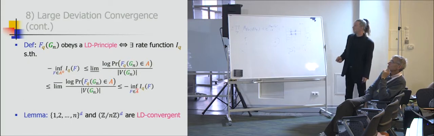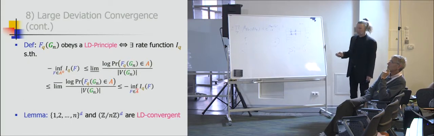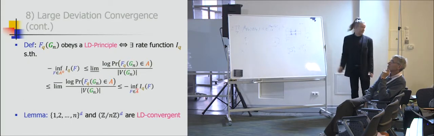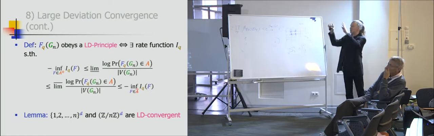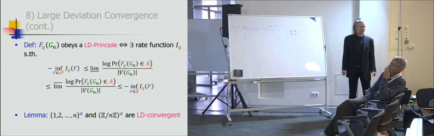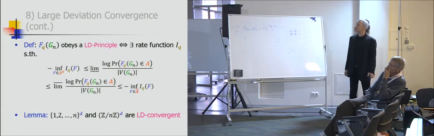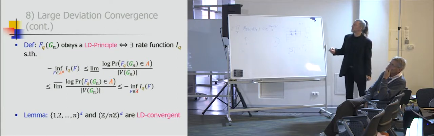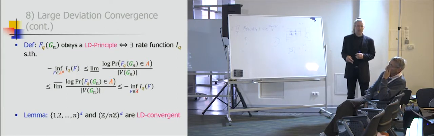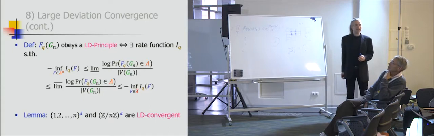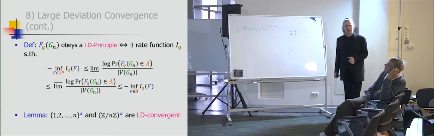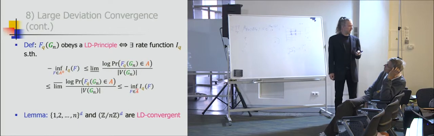Now, for example, for these sequences of grids, or the torus where you wrap it around, you can actually prove that it's large deviation convergent. Roughly speaking, these probabilities are just the flip side of the entropy, because I have q to the n possible colorings.